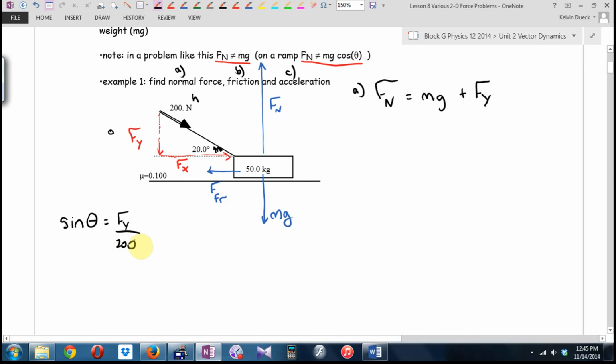How would I get the Fy by itself? Eric, what was that? Fy is 200 sine theta? Yes, it is. So the normal force is going to be mg plus 200 sine theta. Is it 20 degrees? 20 degrees.